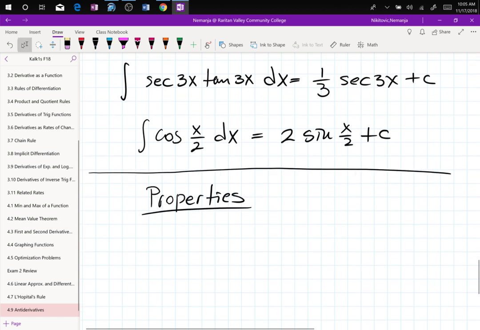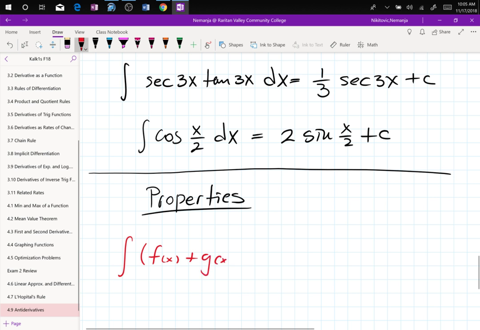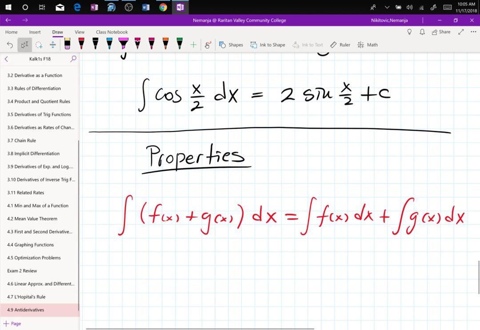So now for properties, we have this really cool thing, which is that the integral of f of x plus g of x dx is equal to the integral of f of x dx plus the integral of g of x dx. So they're independent.